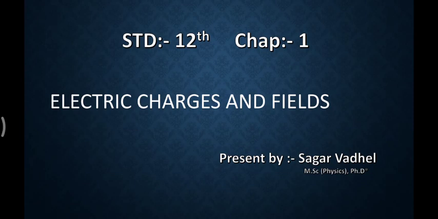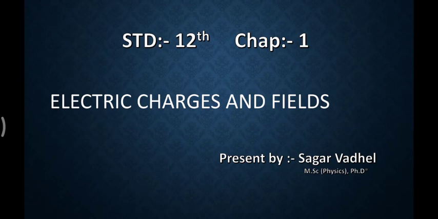Coulomb is the SI unit of charge. Whenever you find the total charge of a system, it is n times e, where n can be 1, 2, 3, 4, any number. The total charge should be an integral multiple of e. That is called quantization of charge.